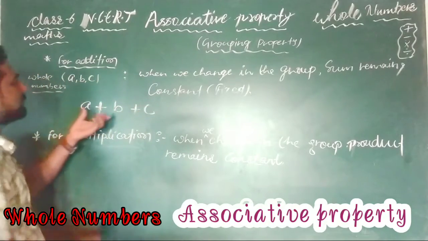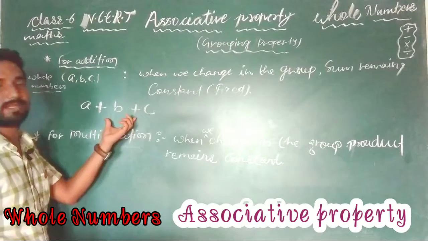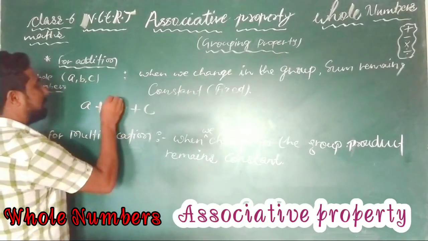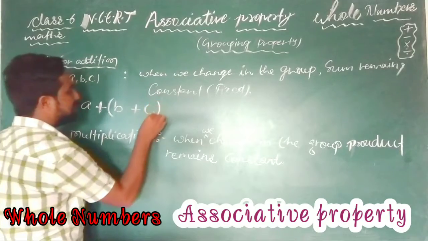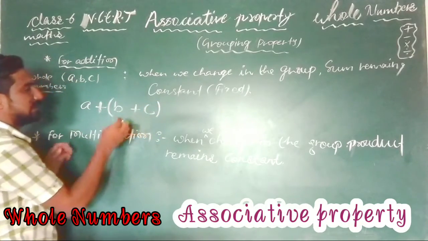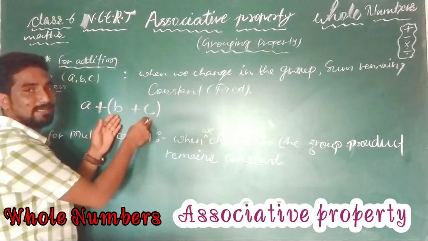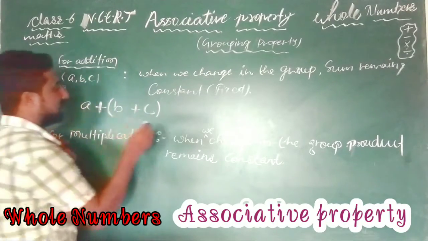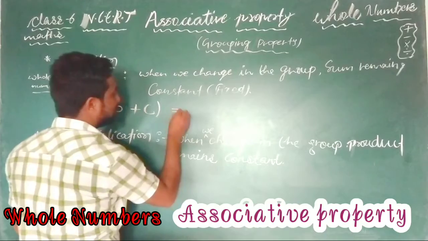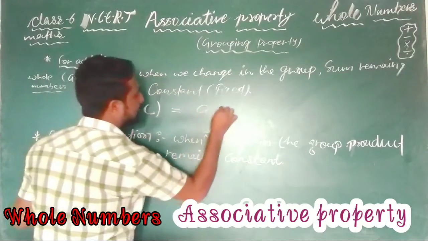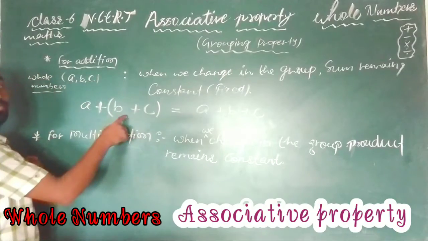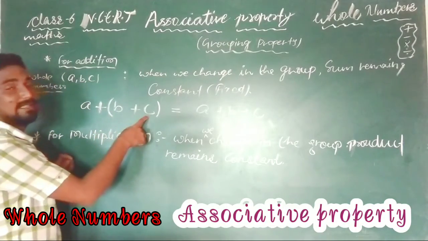Now you see, I have taken 3 whole numbers and added them all together. Thereafter, suppose I put a bracket here, and B and C become the members of the bracket, meaning in the small bracket B and C are placed and added, and A is standing outside. So this can be written as A plus (B plus C), and here you can see B and C are in the group.